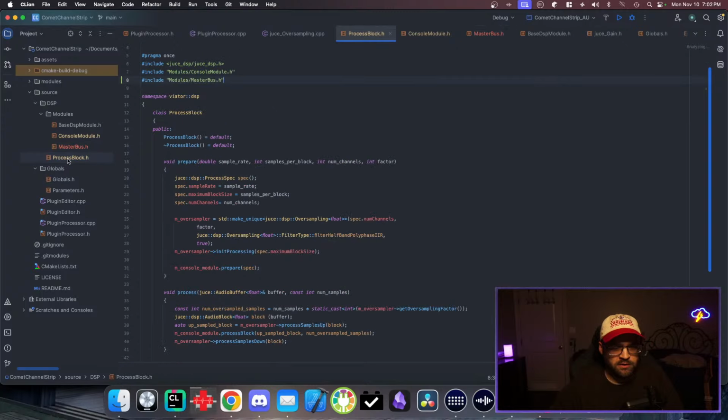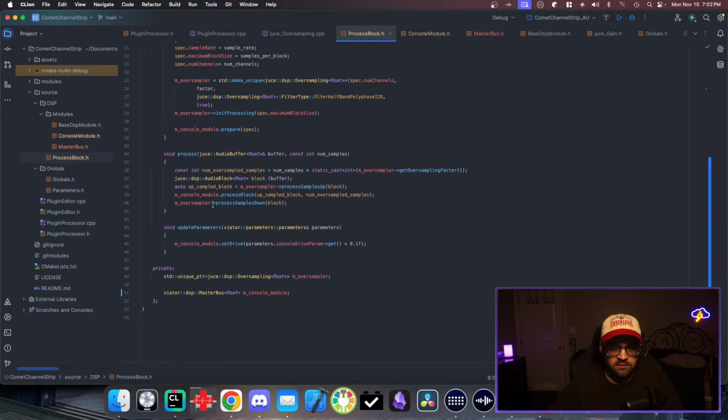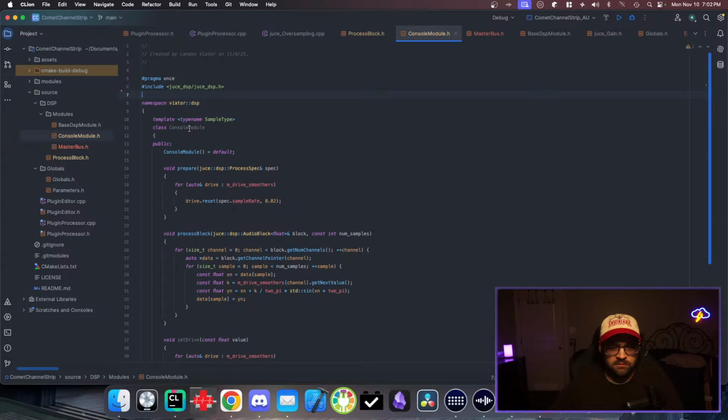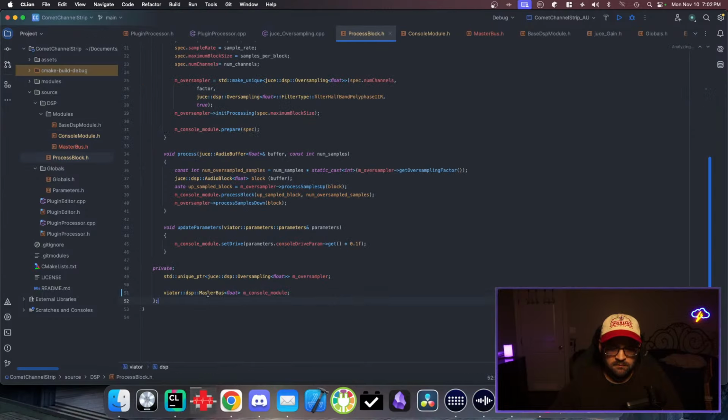Yep, okay. Process block. Let's go and make... Oh, this is console module. So let's make a master bus one, and we'll call it master bus.